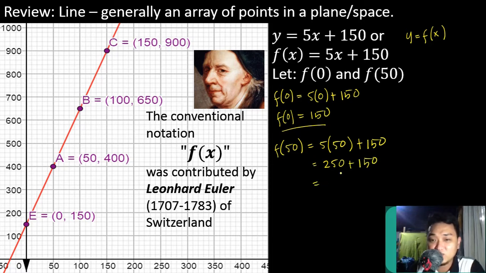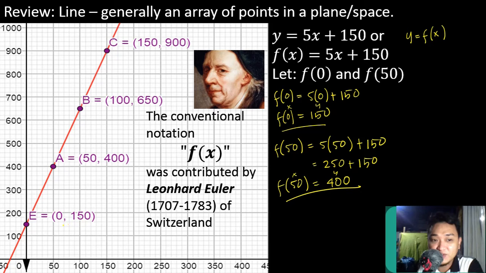That is equivalent to 300. I think that is 400. Okay. So f of 50 is equivalent to 400. Now, using these 2 points, the value of x and the value of y, using those coordinates, we can now immediately present the graph.